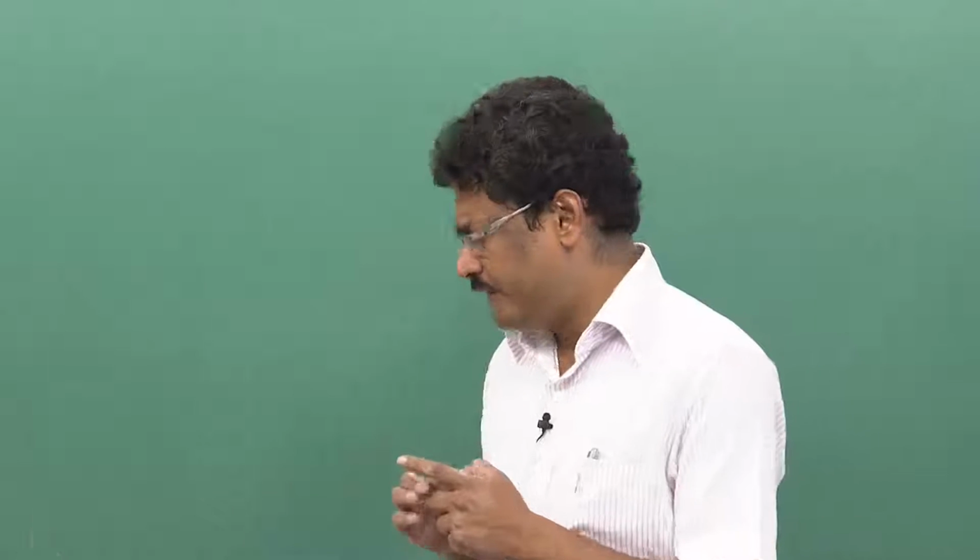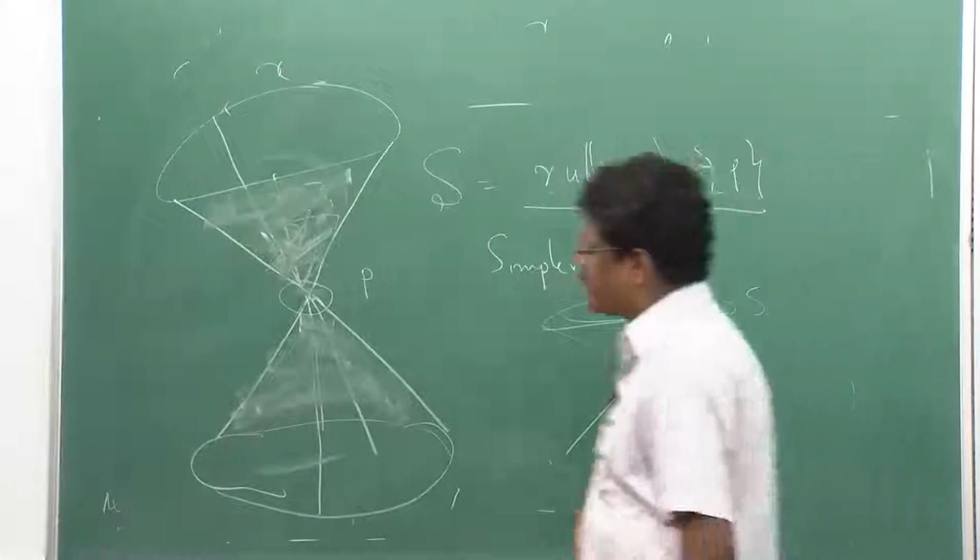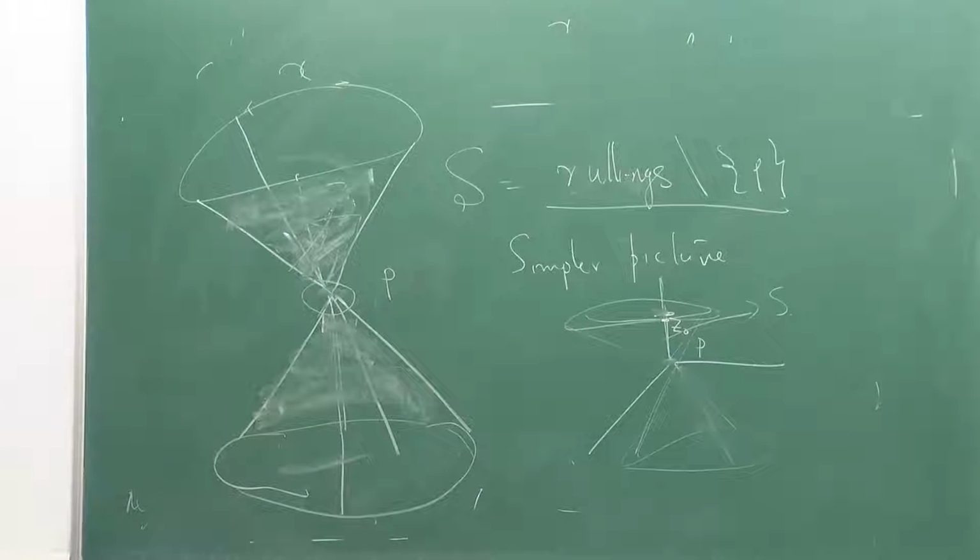So, this is about the ruling surface which gives a double cone and also gives a generalized cylinder.